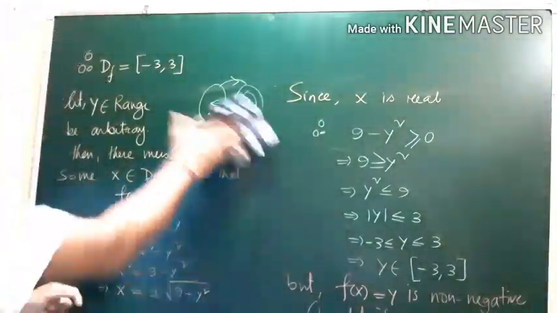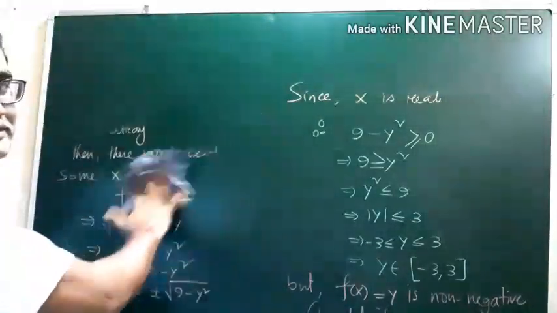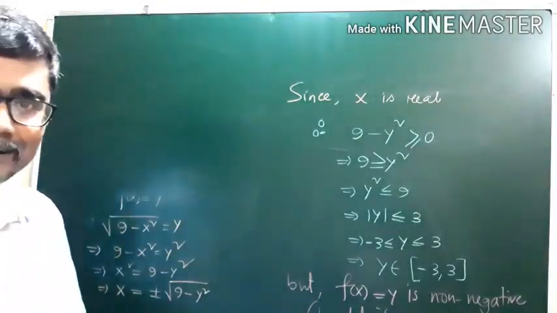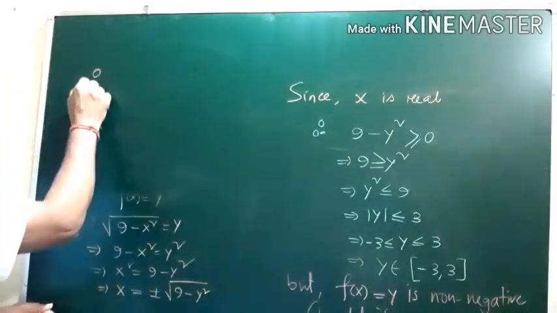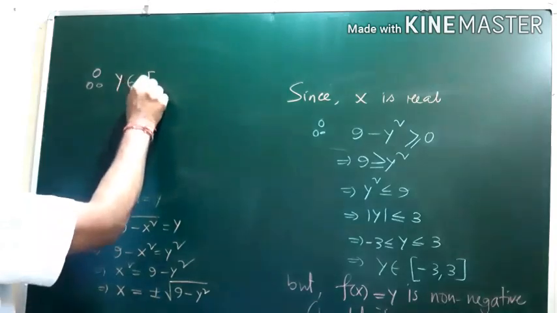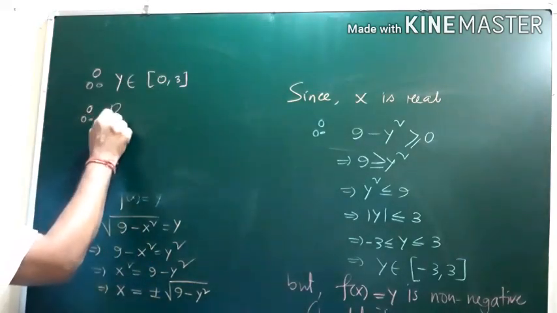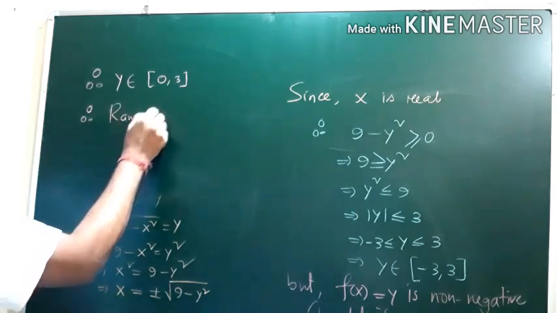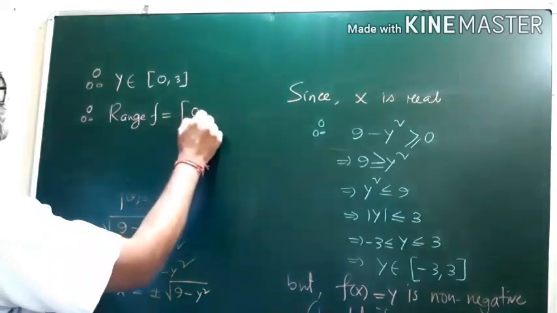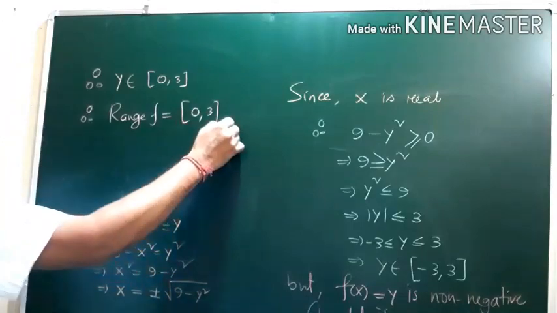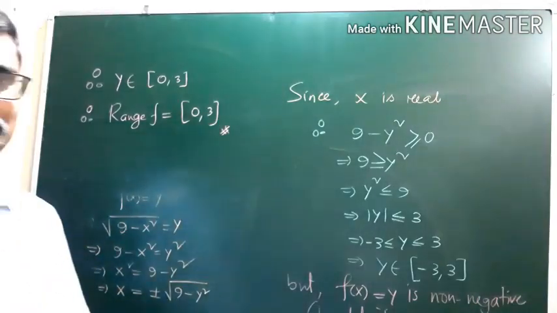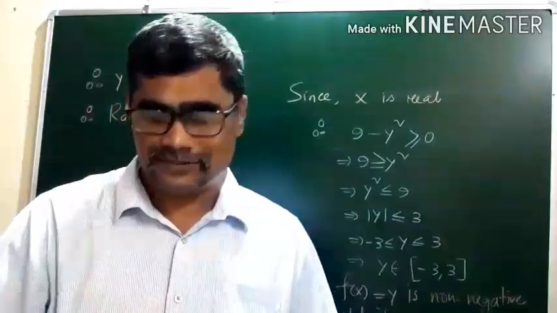So if it is non-negative, what will be your answer? Just directly write in. Therefore, y must belong to 0 to 3, and therefore this is the range of the function. This is the range, right? So be very, very precise to this particular point.